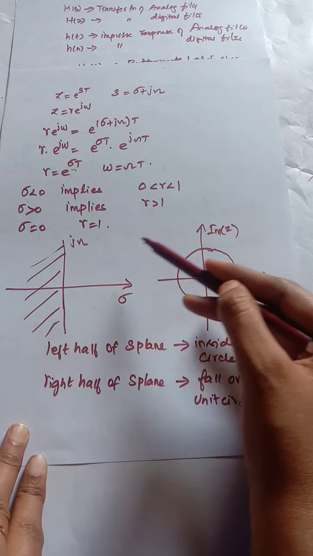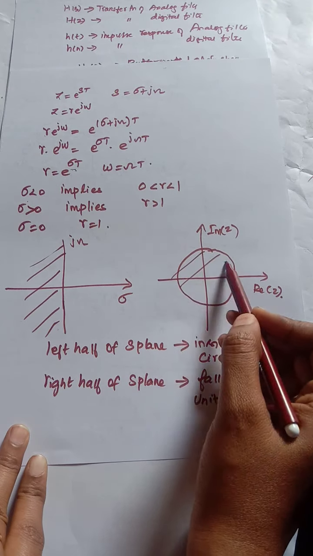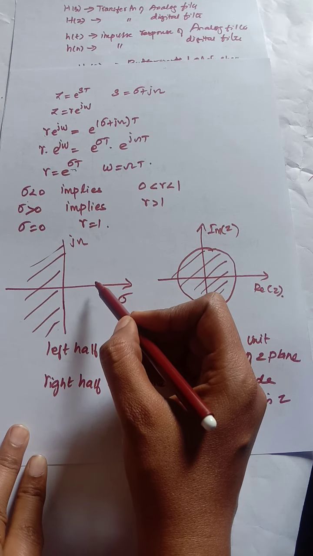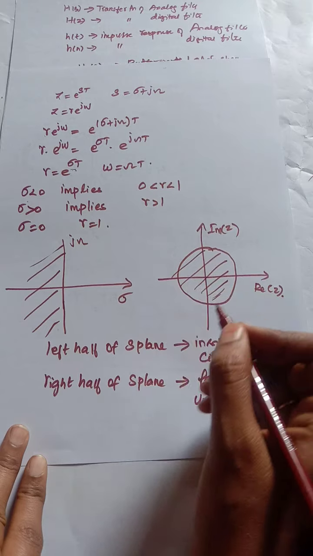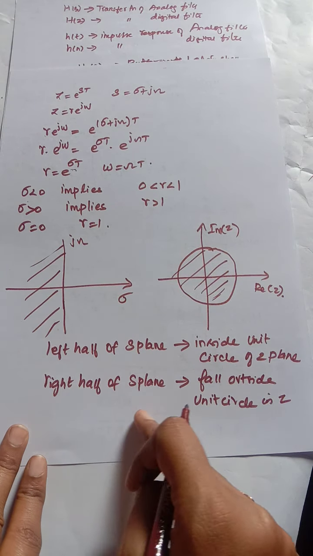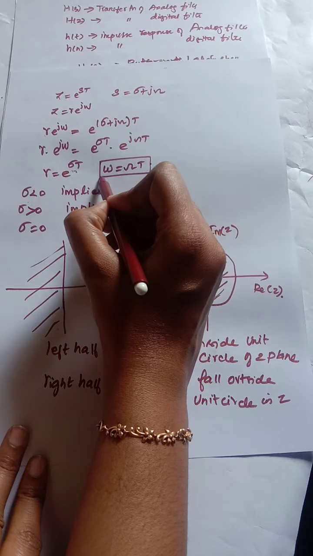Thus the j Omega axis is transformed into the unit circle, and the left half of the plane is transformed to inside the unit circle. If any poles lie on the right side, they fall outside the unit circle. So the left half of the s-plane maps inside the unit circle and the right half of the s-plane falls outside the unit circle. This is the important thing you need to know.